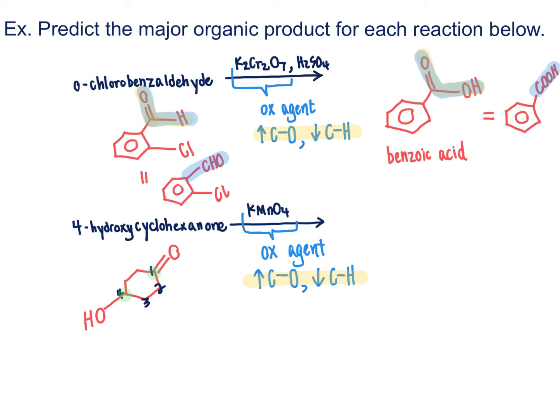So at carbon number 1 of our ring, there are no carbon-hydrogen bonds, and therefore there is no place there where we can lose a carbon-hydrogen bond in order to oxidize. So therefore, there can be no oxidation at this particular location.